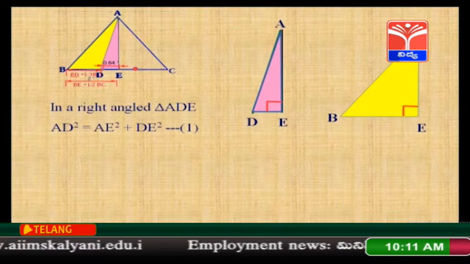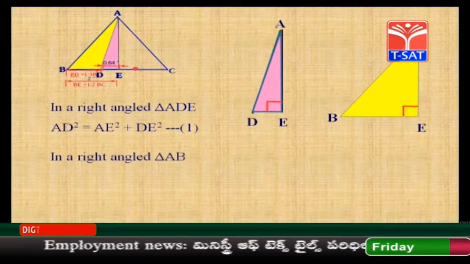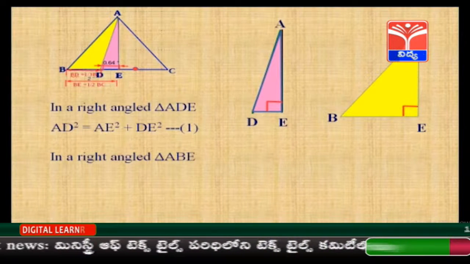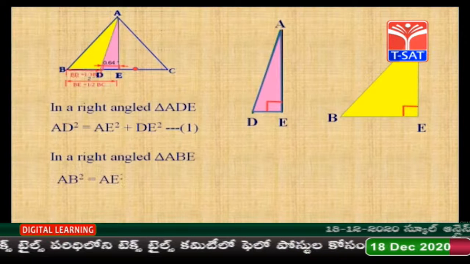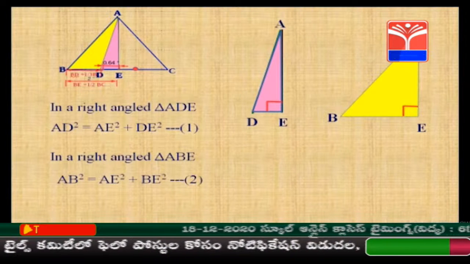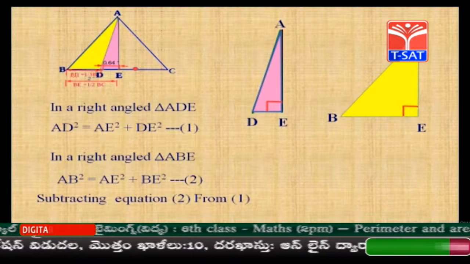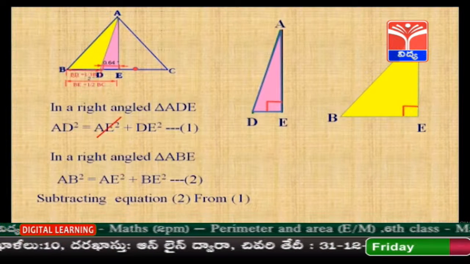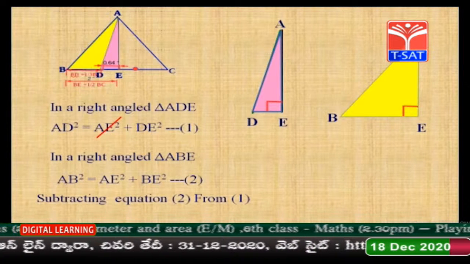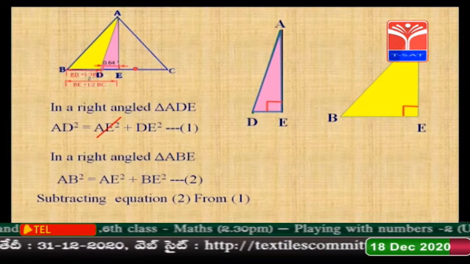This is the first equation from this triangle. In triangle ABE, we can write AB square is equal to AE square plus BE square. This is the second equation. Now, if I subtract 2 from 1, what happens?